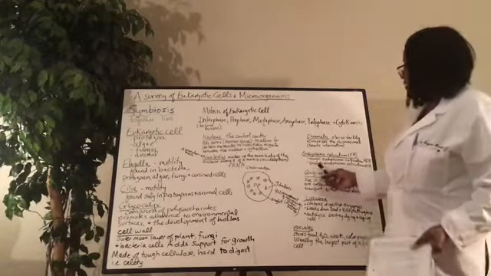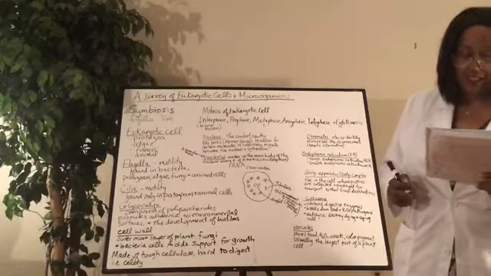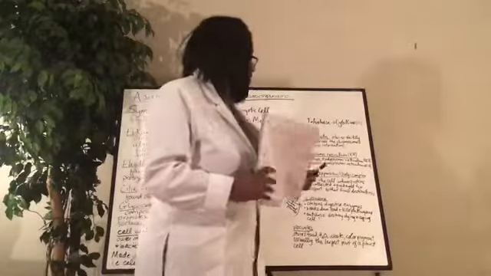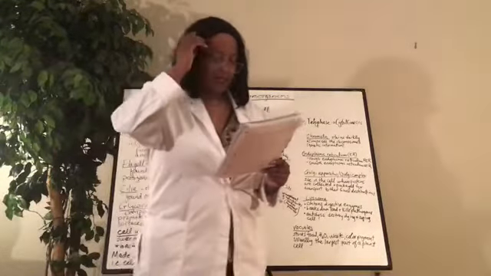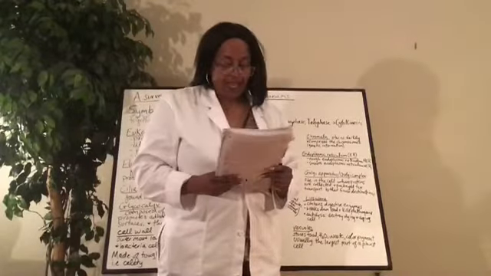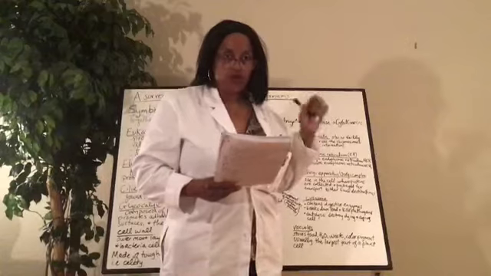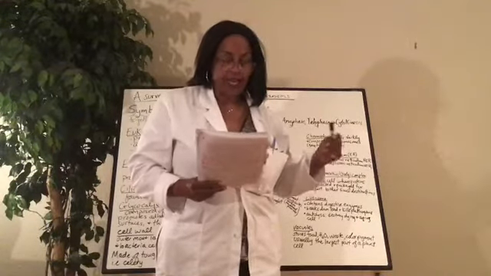On the other hand, the smooth endoplasmic reticulum has a similar function in the synthesis and storage of transport, but mainly the smooth ER is storage and transport of non-protein molecules such as lipids. So when you think of smooth, think of something that's fatty, like lipids.